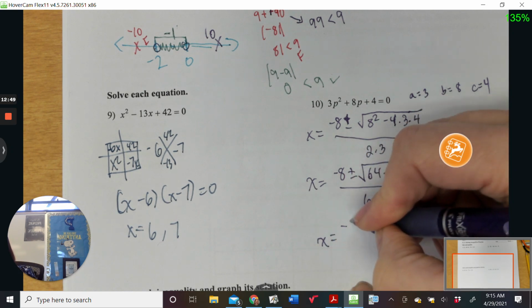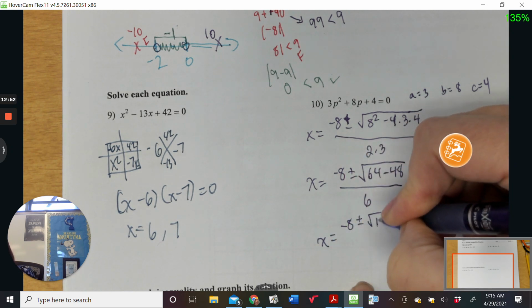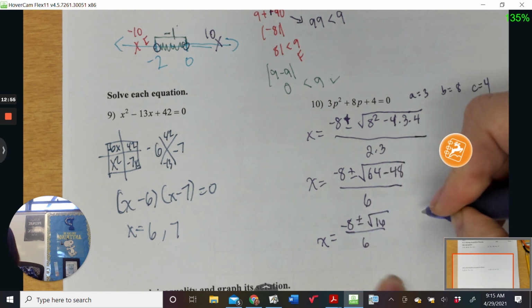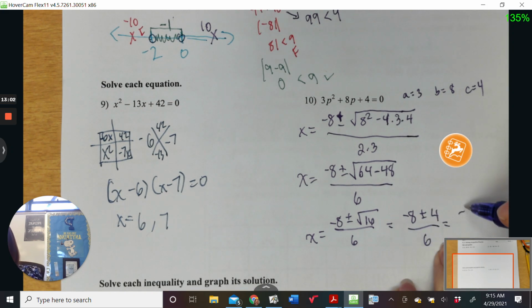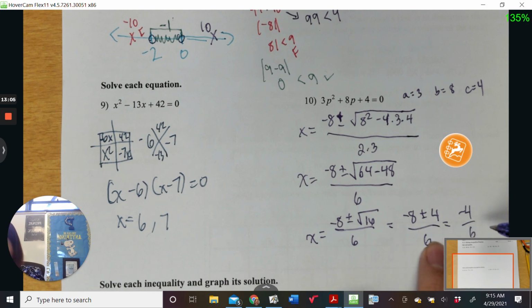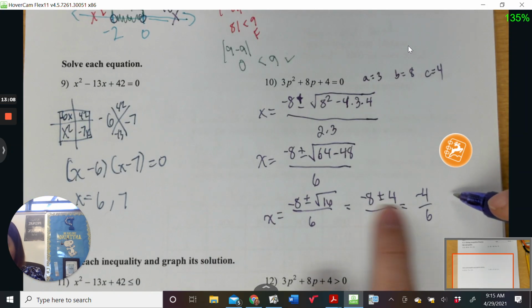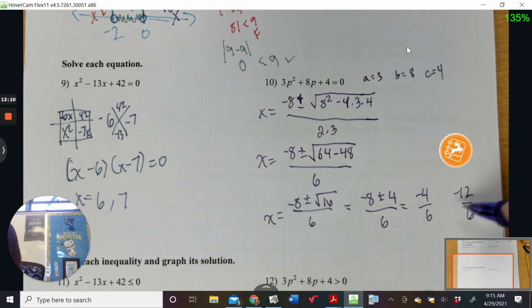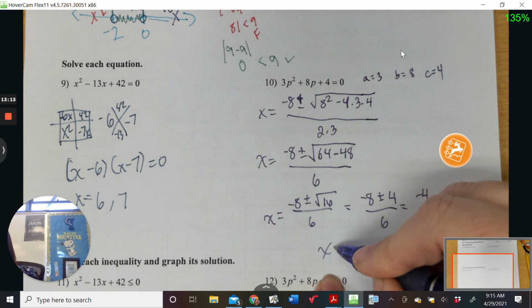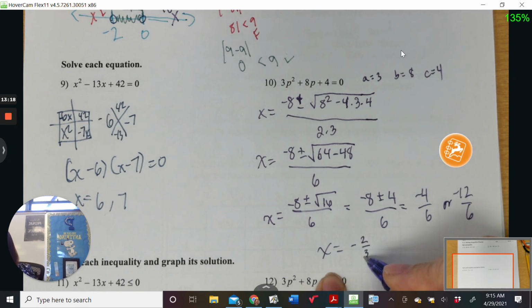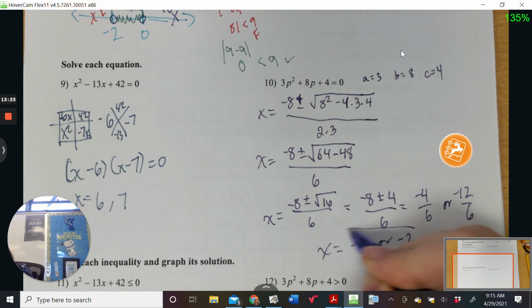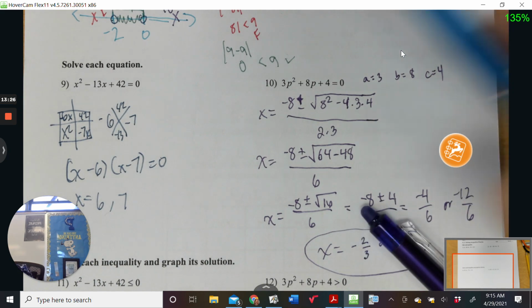X equals -8 plus or minus the square root of 16 over 6. -8 plus or minus 4 over 6. -8 plus 4, which is -4 over 6, and -8 minus 4. So x equals -2/3 or -2. And those are my answers.